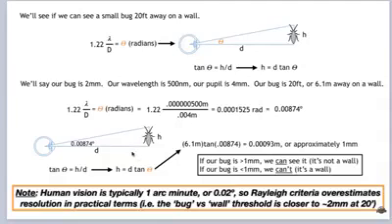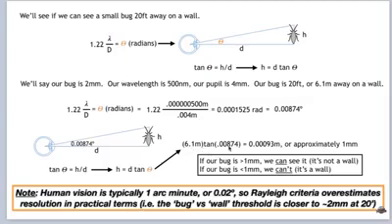A simple formula is tangent theta is equal to the opposite over the adjacent, right? In this case, it's the height of the object divided by the distance. You can rearrange the formula to say that the height of the object is equal to the distance observed times the tangent of theta, in this case 0.00874.